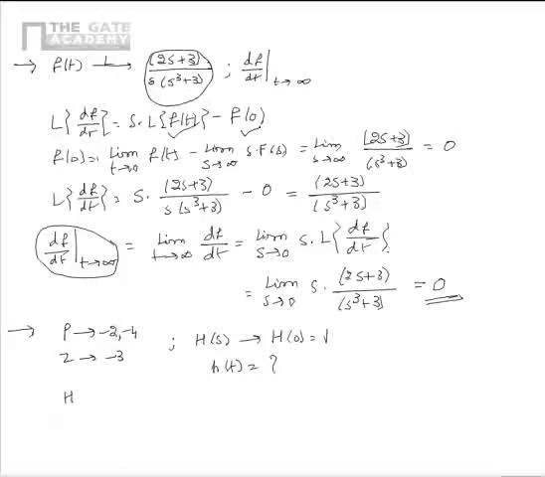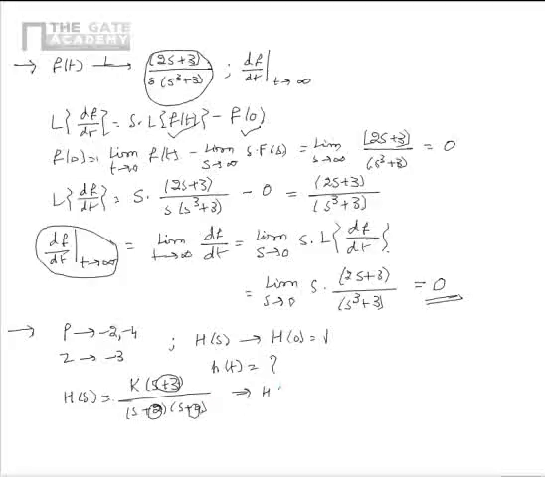So we can write that the transfer function of the LTI system can be written as H of s is equal to k into (s plus 3) divided by (s plus 2) into (s plus 4). Please note that here -3 is the 0 and -2 and -4 are the poles.